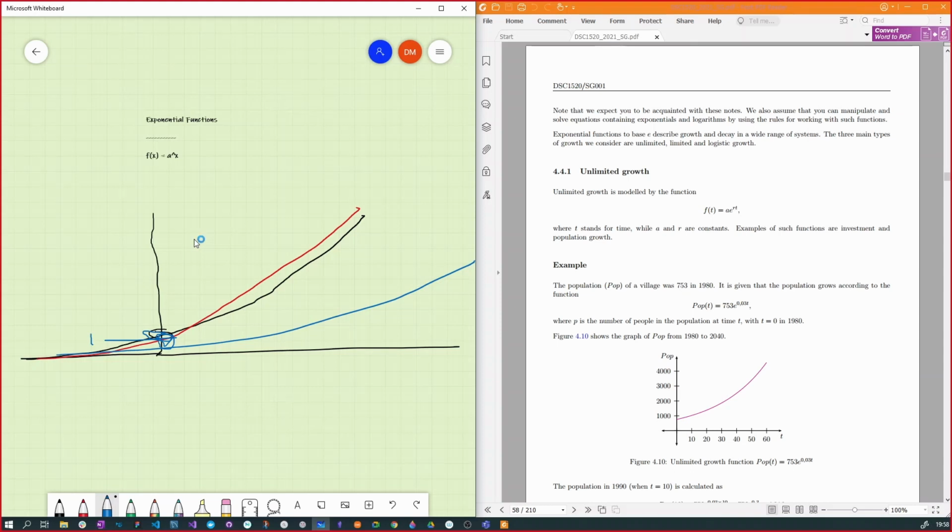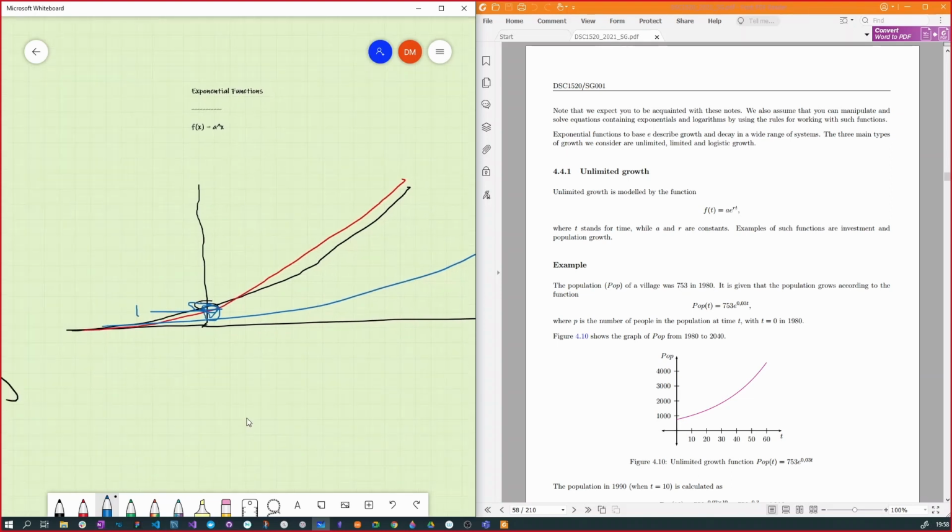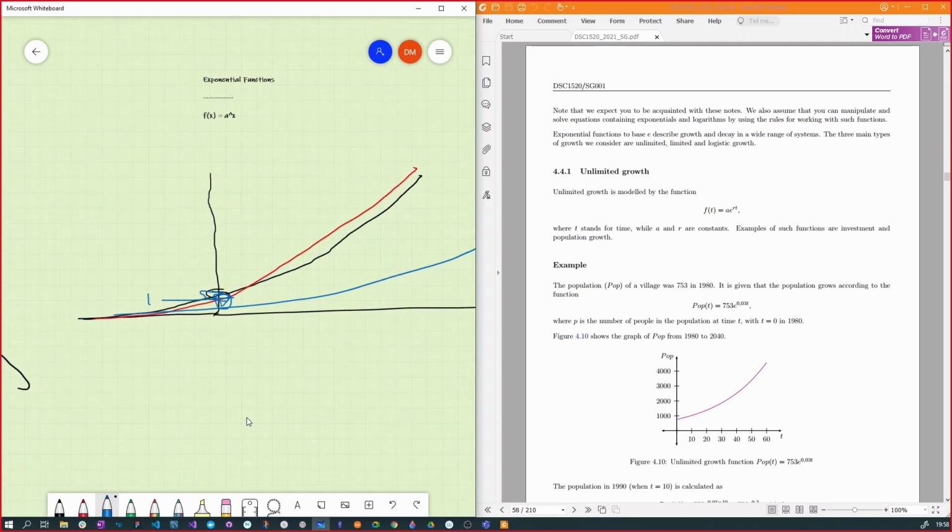So now let's go ahead and, just for example's sake, plot some values, because there's a specific rule that you need to be aware of when you're dealing with exponential equations. So let's say we're plotting the function y equals a to the power of x.